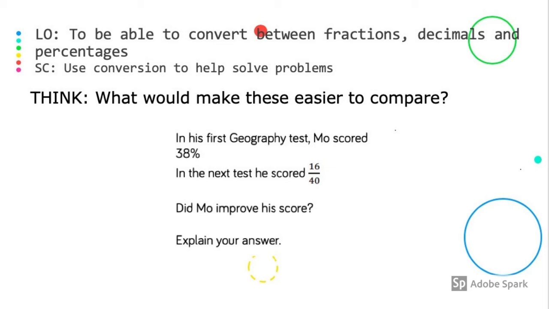Now, 16 and 40 are both multiples of 8. So I could simplify my fraction into 2/5. This is much easier to make into a fraction where the denominator equals 100.